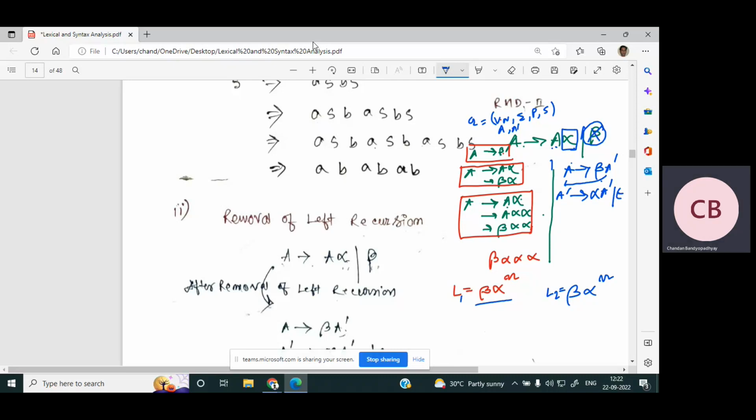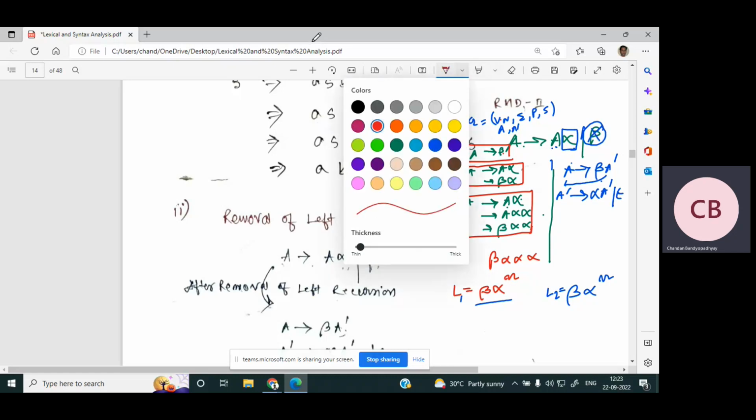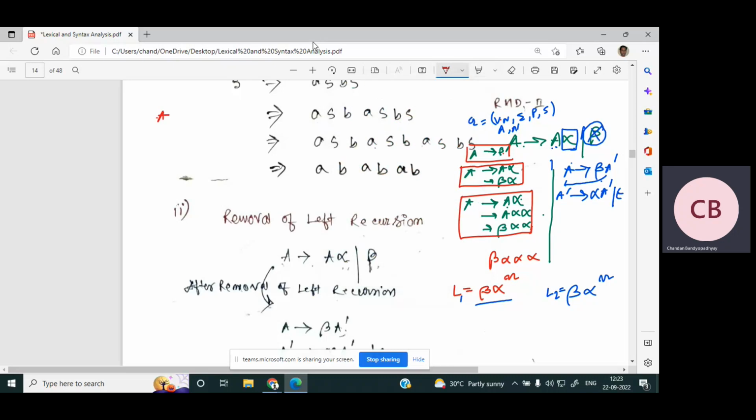Okay. Again, I am repeating the alpha beta part. Then I will be proving the segment. See, again I am showing A to A alpha or beta, then first thing you have to do, you need to write this beta first. A to beta A dash. So beta part is over. Only alpha is left.